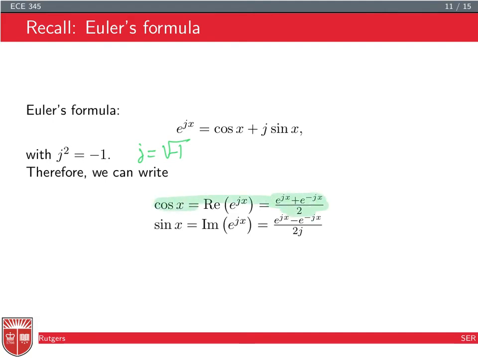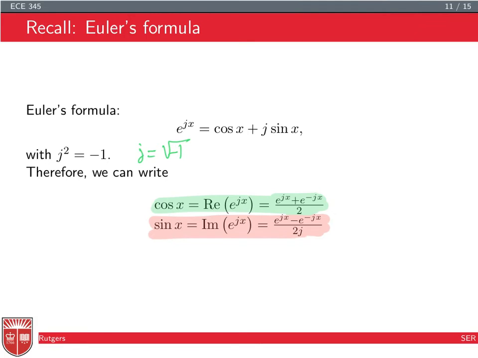This is the cosine in green here. And the sine is the imaginary part of e to the power jx, which is equal to e to the power jx minus e to the power minus jx, divided by 2j. These are super important properties to keep in mind.